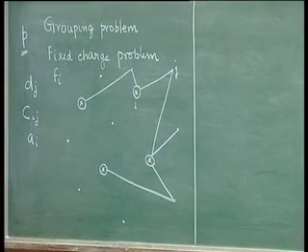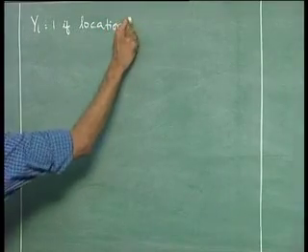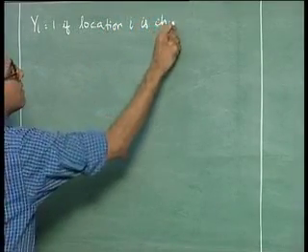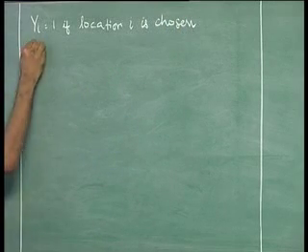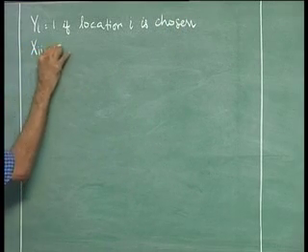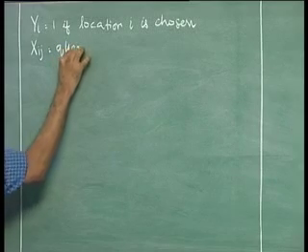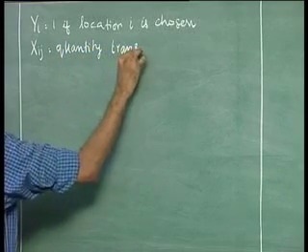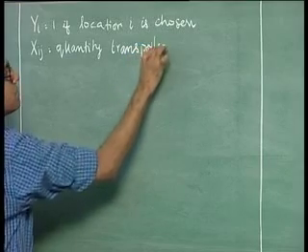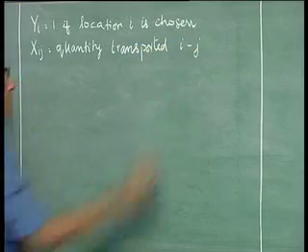You can have yi equal to 1 if location i is chosen, and xij is the quantity transported from i to j.